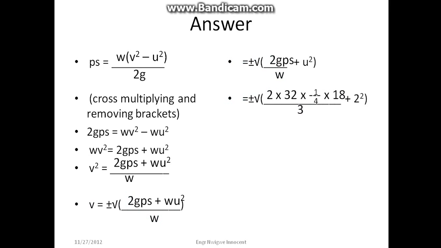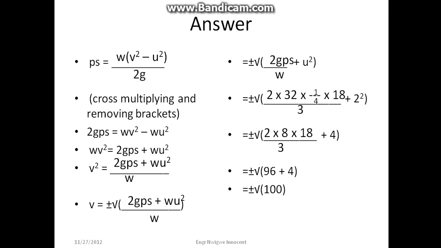Therefore, we now have plus or minus, after doing our mathematics, square root of 2 times 8 times 18 all over 3 times plus 4 closing bracket, which gives us plus or minus square root of in bracket 96 plus 4, which is equal to plus minus square root of 100, which gives us plus minus 10.